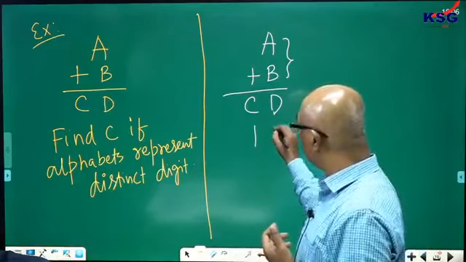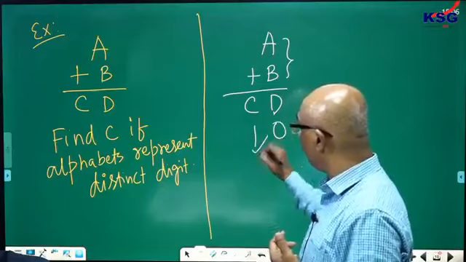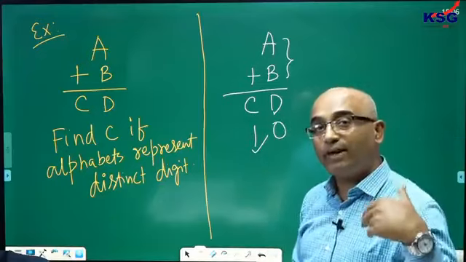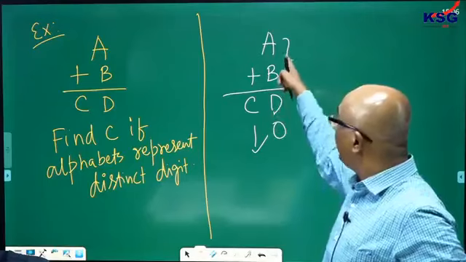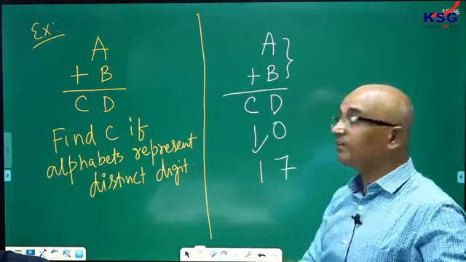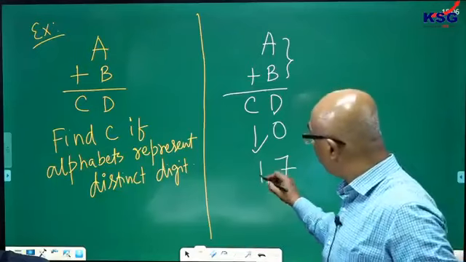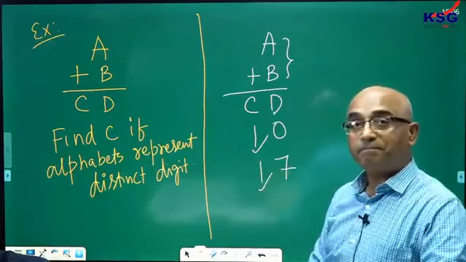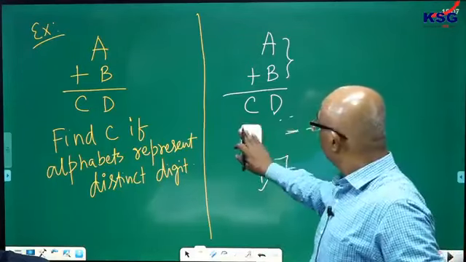10 means 1, 0. So C must be 1. And the maximum value of A plus B can be 9 plus 8, 17, because digits are distinct. And in both cases, C is 1 only. Right?